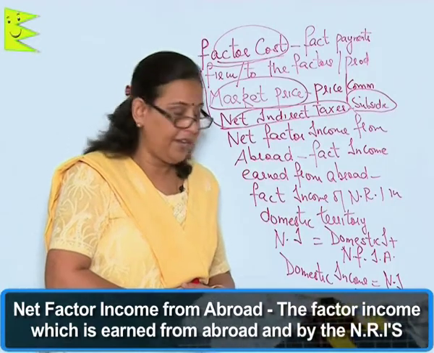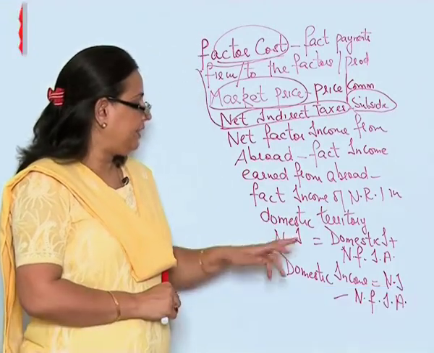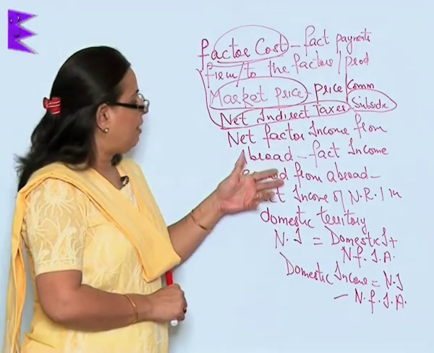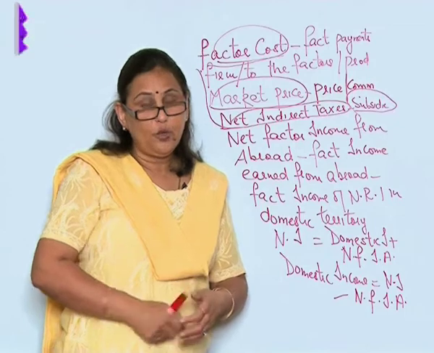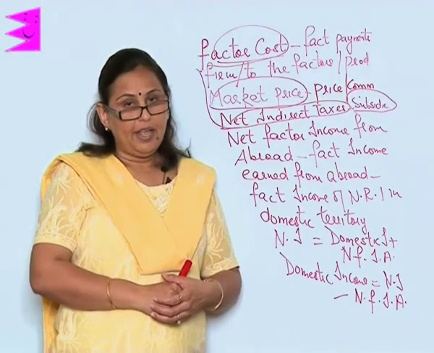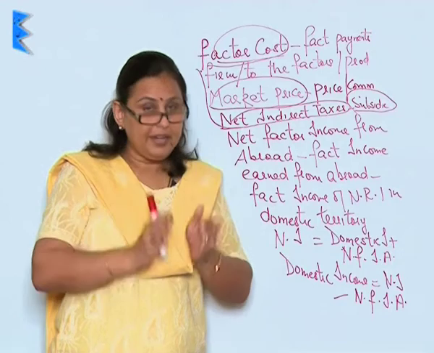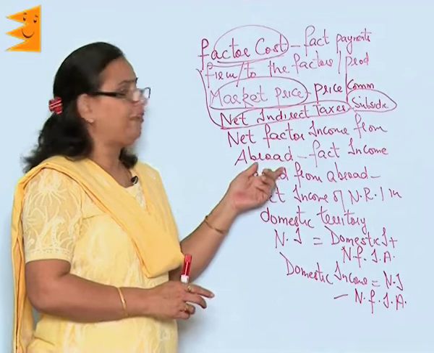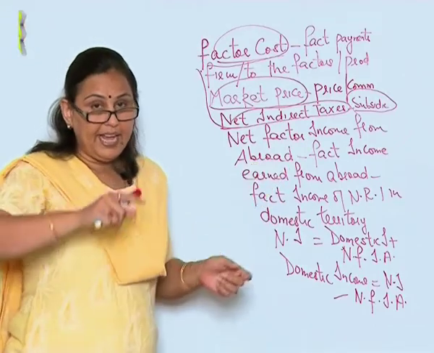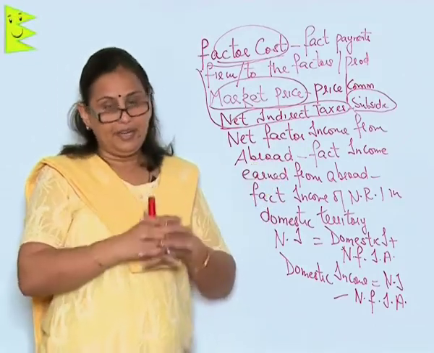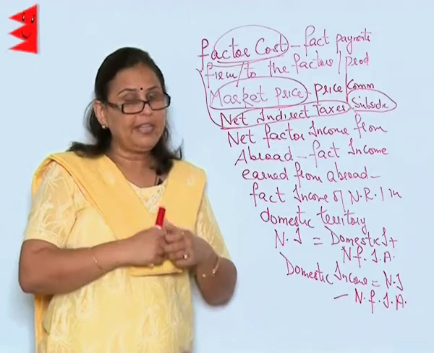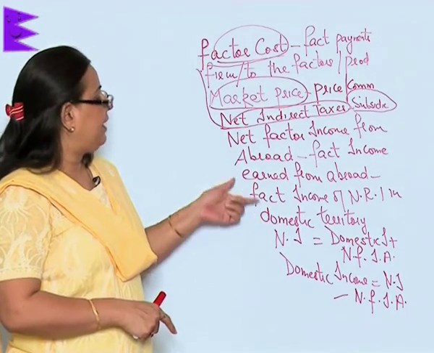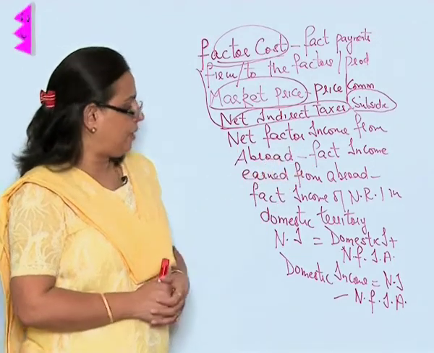Whatever is being earned by the Indians who are not staying in India, and their income is coming to India, is the net factor income from abroad. They have not earned that income in the domestic territory, but it is coming to the territory.